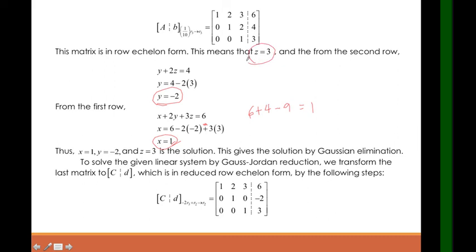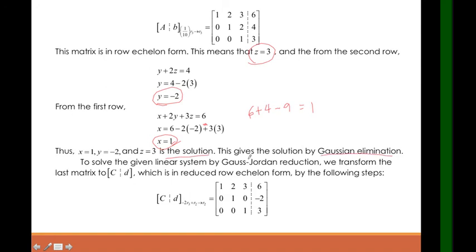Okay? On the other hand, so nakuha na natin ito. Thus, x is equal to 1, y is equal to negative 2, z is equal to 3. It has a unique solution using the Gaussian elimination.